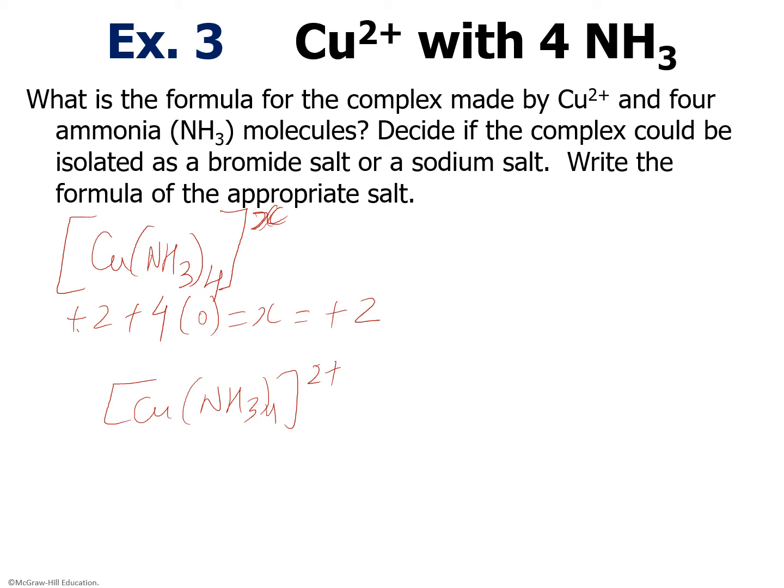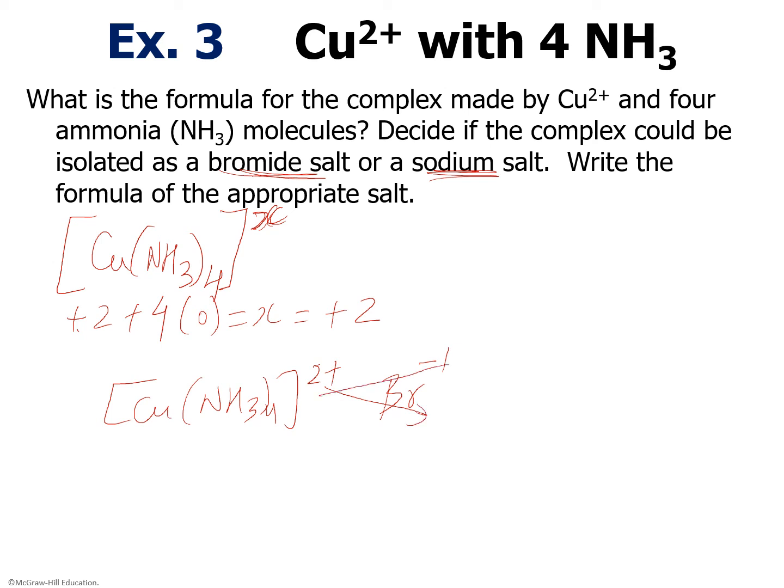What is the counter ion for this? If this is my cation, remember cation is written first. I need an anion, so something negative. What is negative? Bromine or sodium. Bromide is the one that is negative. So Br minus 1.